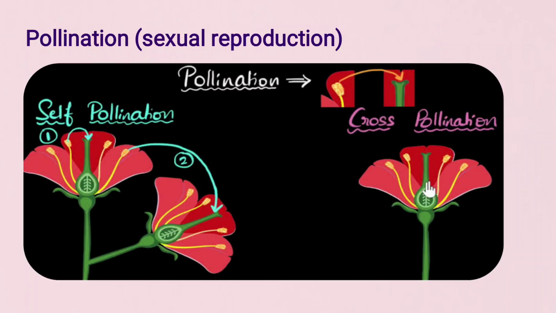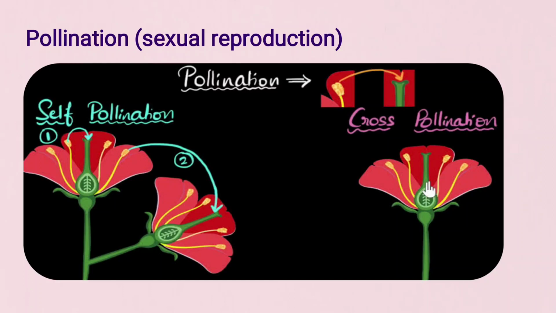If the pollen grains move from the anther to the stigma of the same flower or another flower of the same plant, it is called self-pollination. As you can see, self means belongs to the same plant. Remember this easily. Self means same plant, any flower of the same plant.